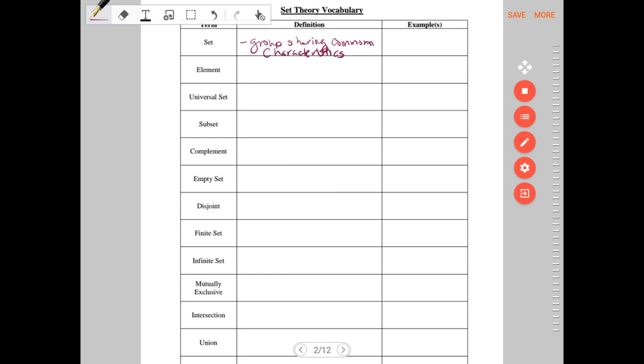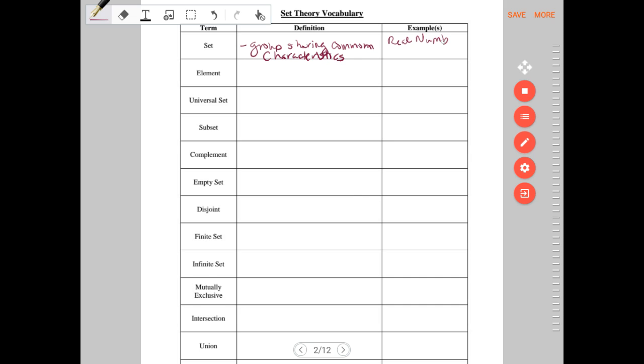An example of a set would be the set of real numbers. Okay? Awesome.